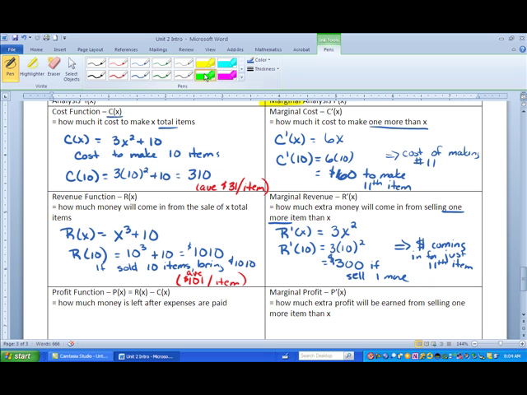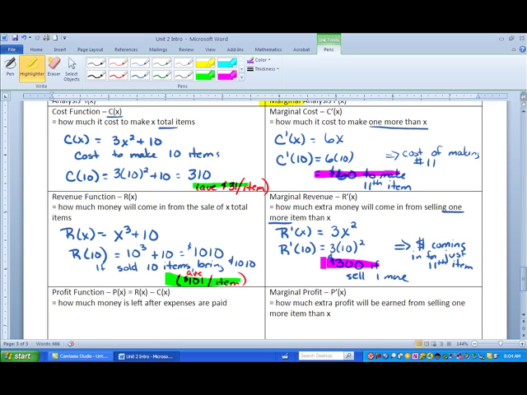Now let's do a little comparison over here. I highlighted in green what we were currently doing, and I highlighted in purple what we're thinking about doing. What we're doing right now is spending about $31 to make our item, and we're selling it for 101. So we're making about $70 in profit, and we'll talk about profit in a minute.